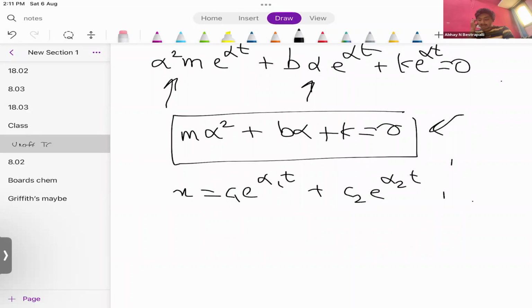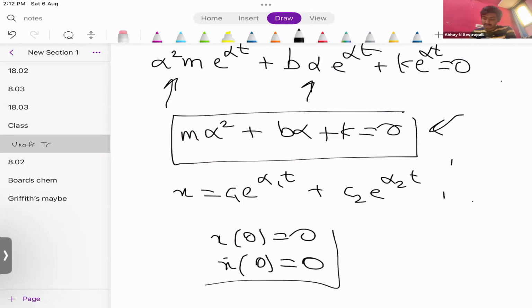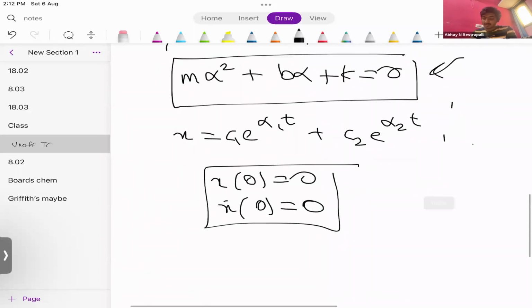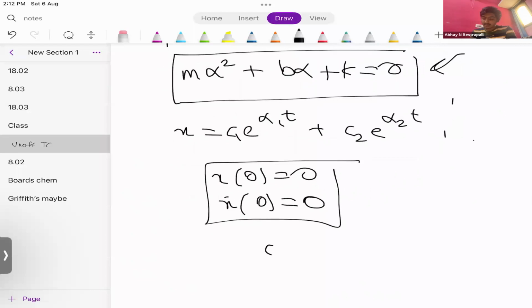So for example, if we are given that initially x0 is equal to 0 and x dot 0 is equal to 0, these are the initial conditions. Then you substitute in there, and using this, we get C1 into 1 plus C2 into 1 is equal to 0.